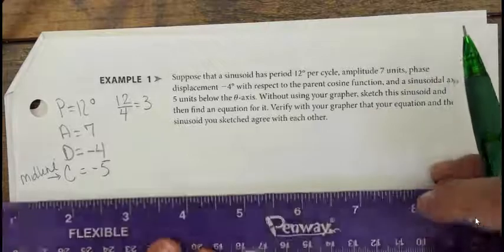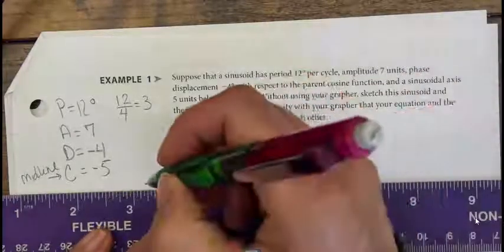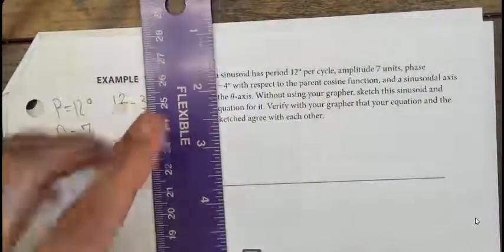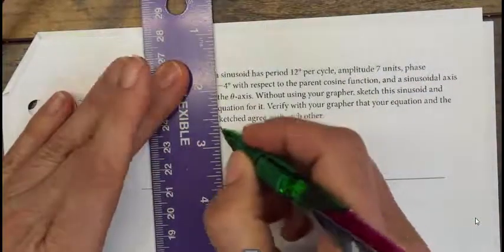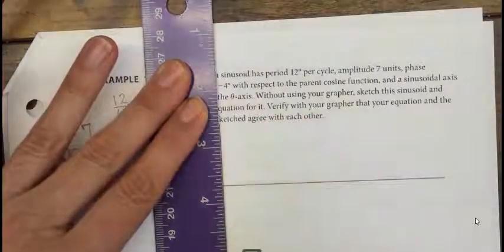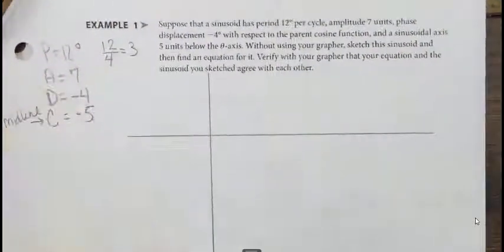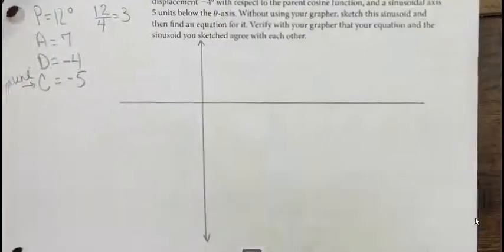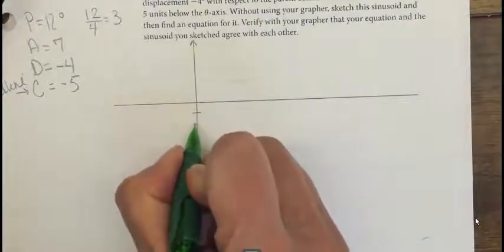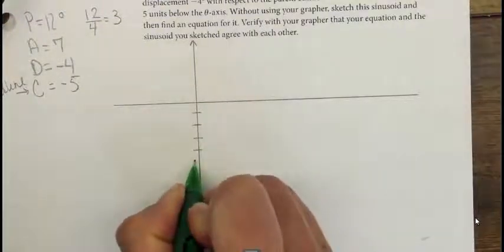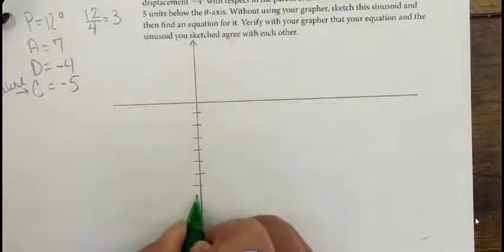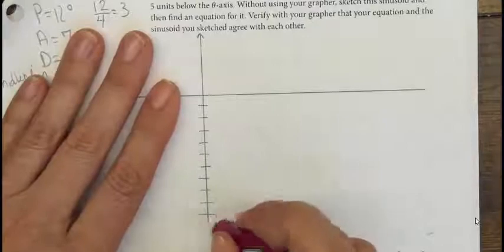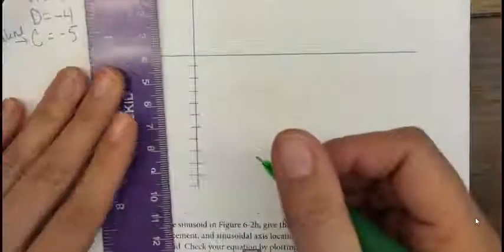Okay, so let's see. I'm going to want to be lower than I am higher. And I'm going to want to go a little bit into the negative theta axis. I think I'll go a little bit lower to try and keep this as accurate as possible.